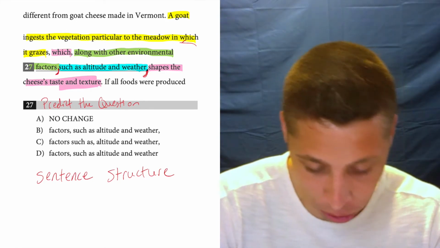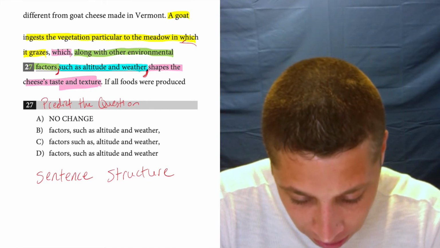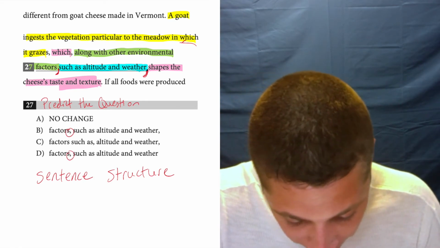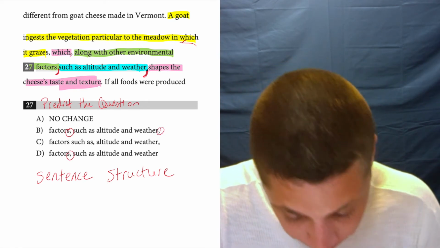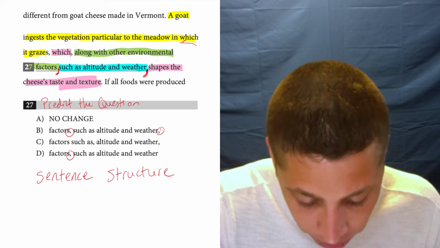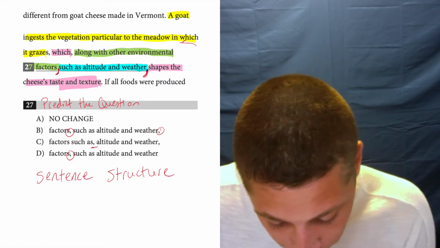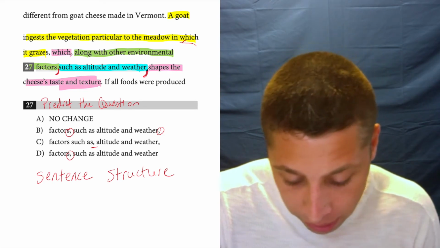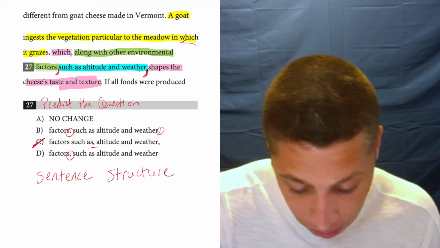So let's look at our answer choices. We have some commas that we want, right? We have a comma after factors, and after weather. So that looks pretty good. This one's weird, right? C has a comma in the middle of that blue, and I wouldn't want to do that. I wouldn't want to break that up. That's not where we would want to put that comma.